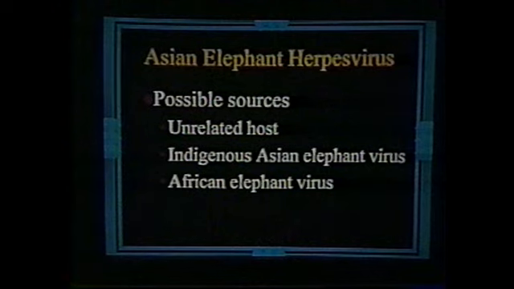Just to go back on this slide for a second, you can see the animals were mainly in North America. Actually, they all originated in North America at various zoos in the United States and Canada.